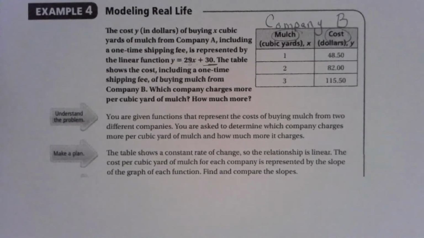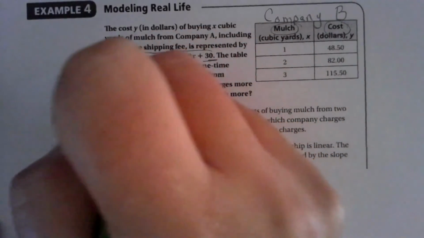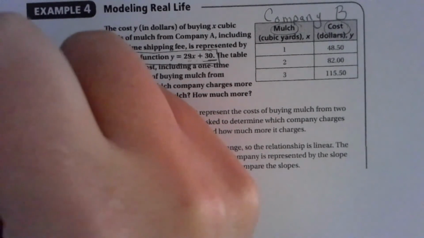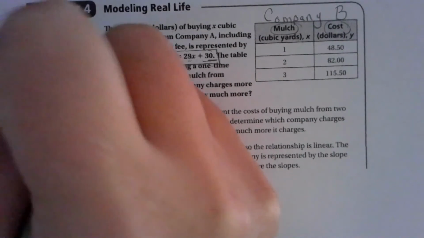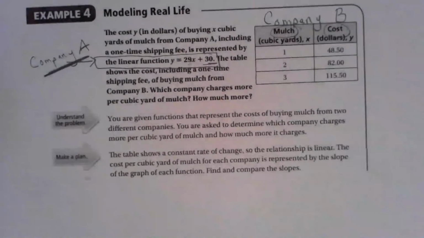Okay, so you are given the functions that represent the cost of buying mulch from 2 different companies. Company A has given this to you. Company B has told you this is what they charge, right?